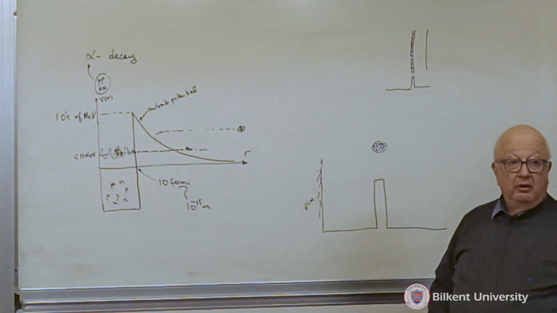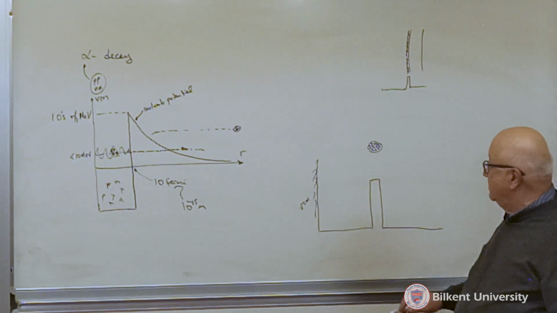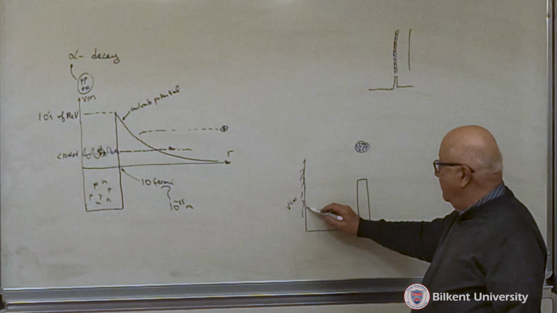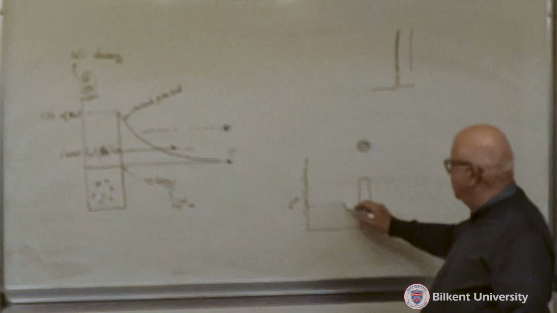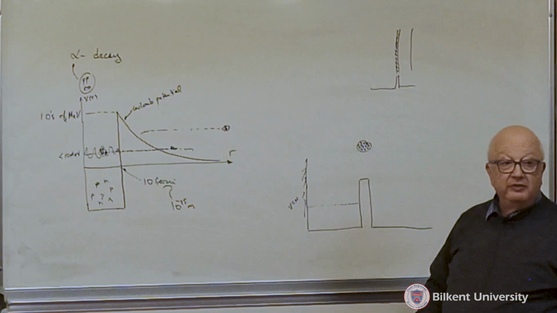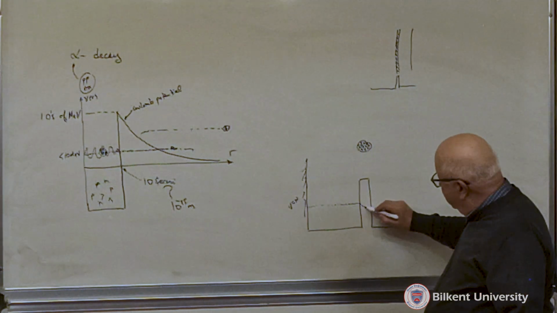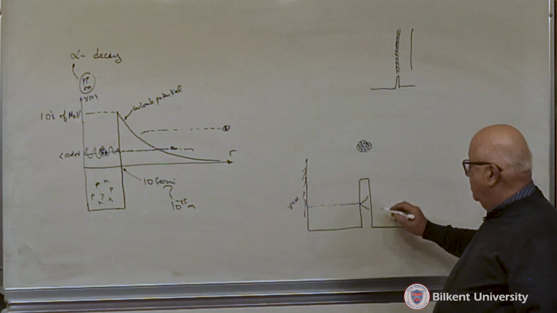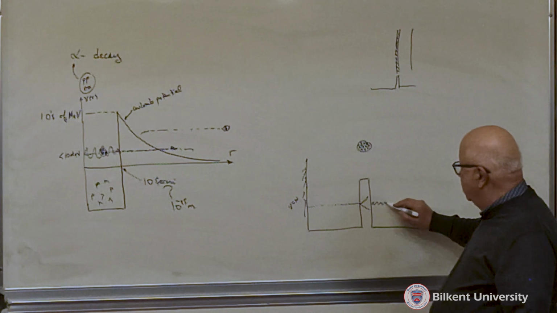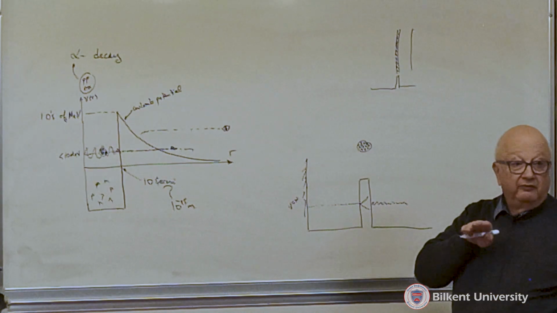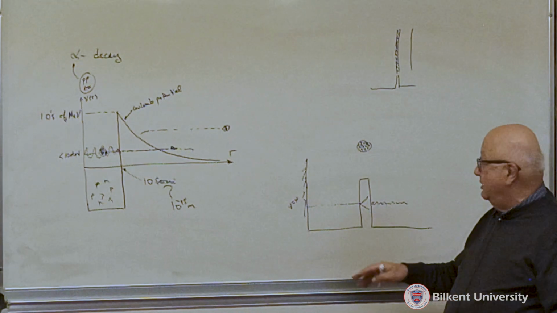Now, if I ask you for the bound states, what will the wave functions look like? I can put here nice sine waves and cosine waves. But over here, I'm going to get these exponentials. And then over here, I'm going to get, again, a flux of particles going towards the right. So this is not a bound state.